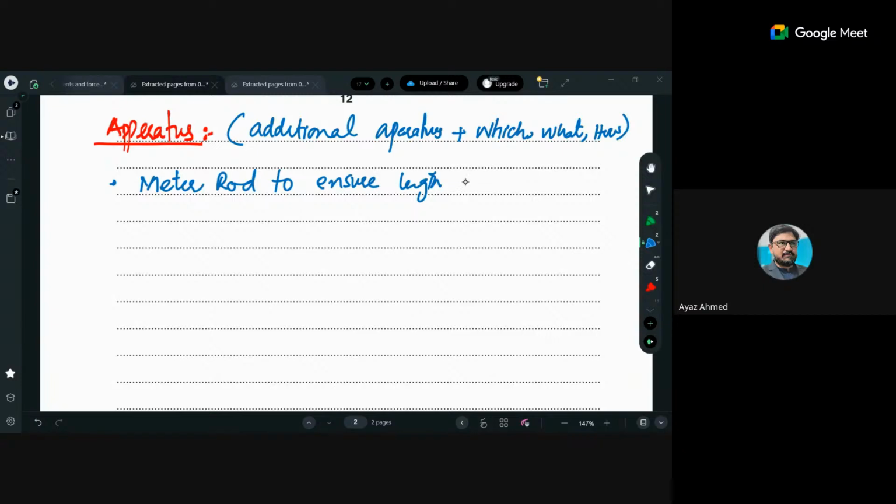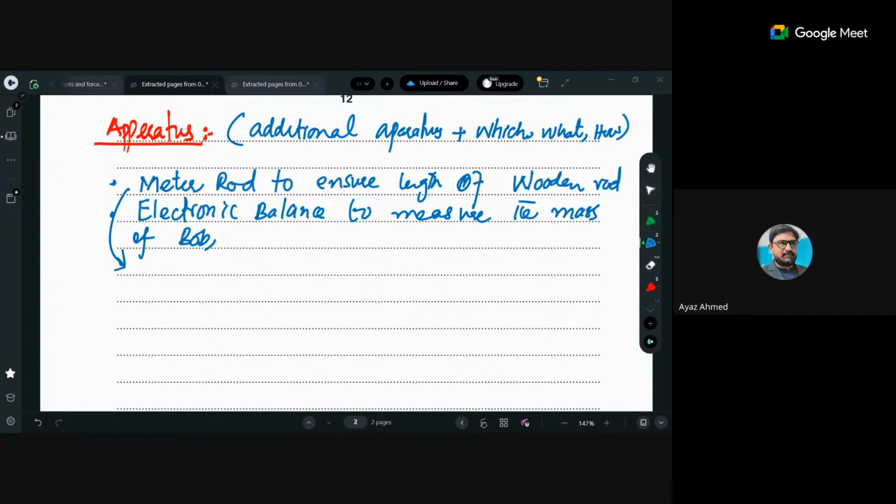So ensure the length of wooden rod. Okay. Electronic balance to measure the mass of bob.